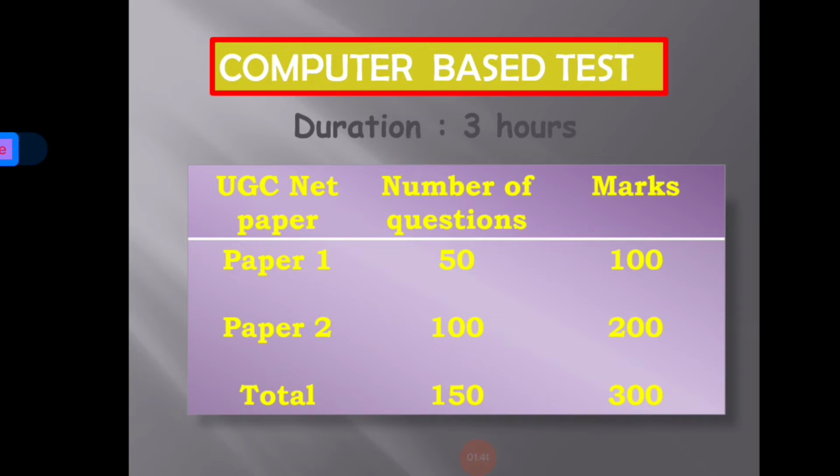So the total marks is 300 and the total number of questions is 150. Okay, so now go to the syllabus of the UGC NET examination. Paper 1 is mostly the general paper, and paper 2 is basically your subject paper.